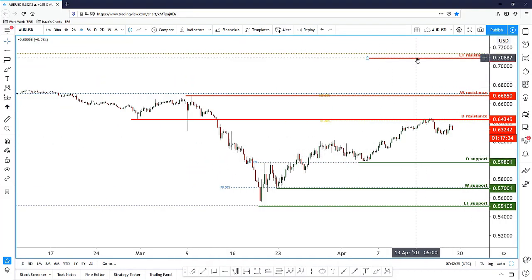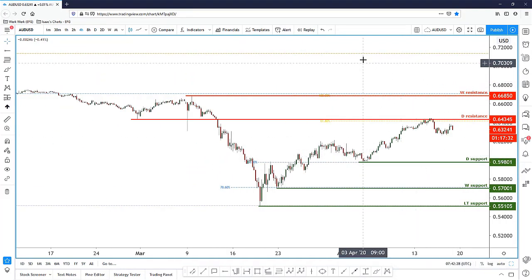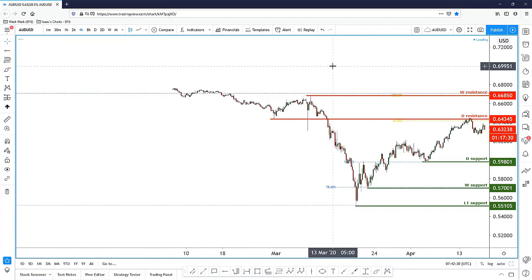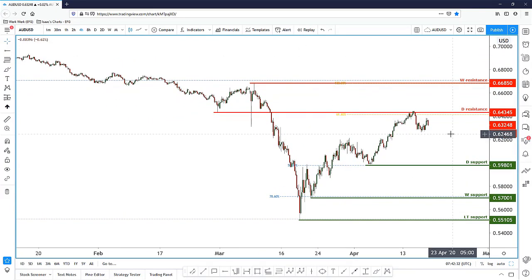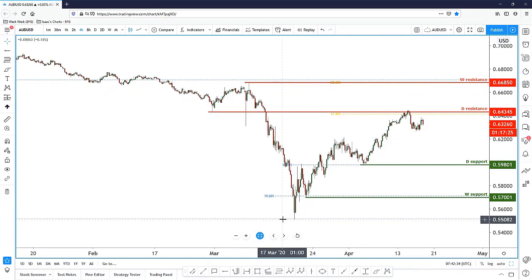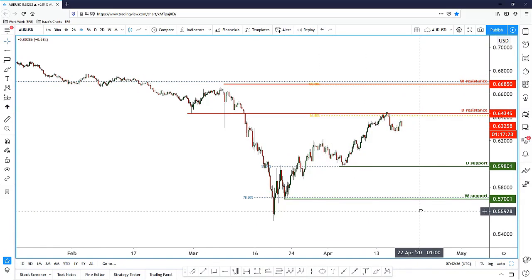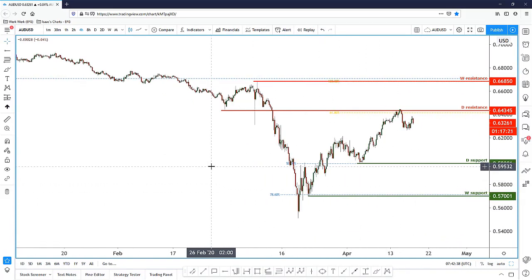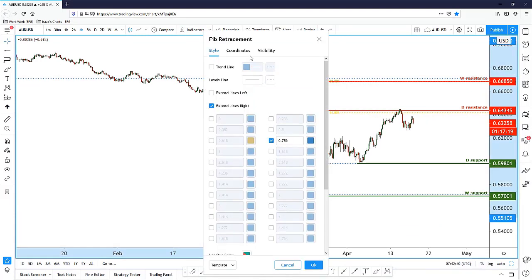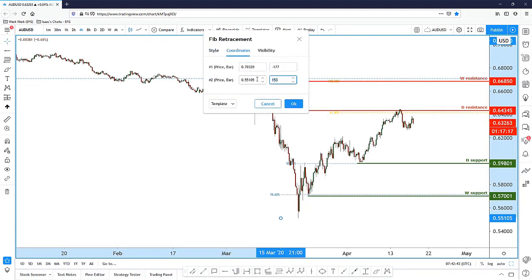All right, 4 hour, we can remove the long-term resistance and ignore this level, right? And we can ignore the long-term support because it is quite far away. So what we want to do now is we want to see where is the best point of entry that we can find.